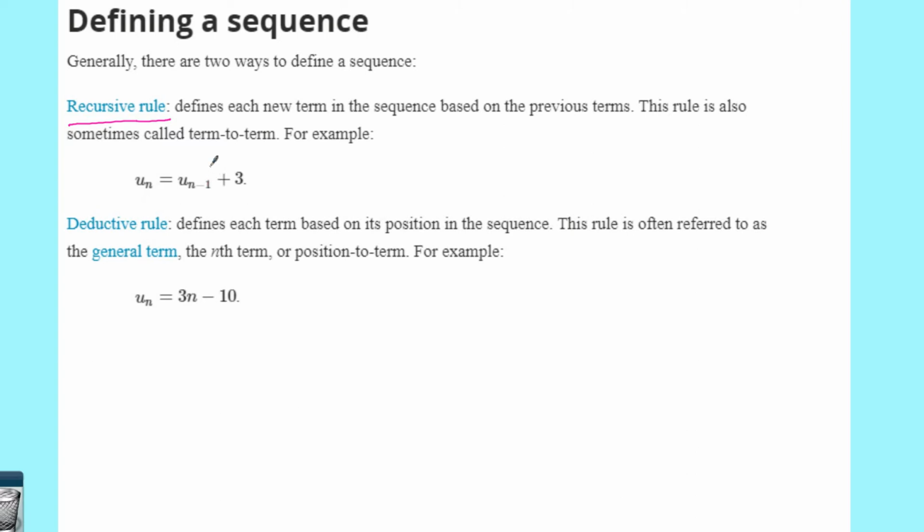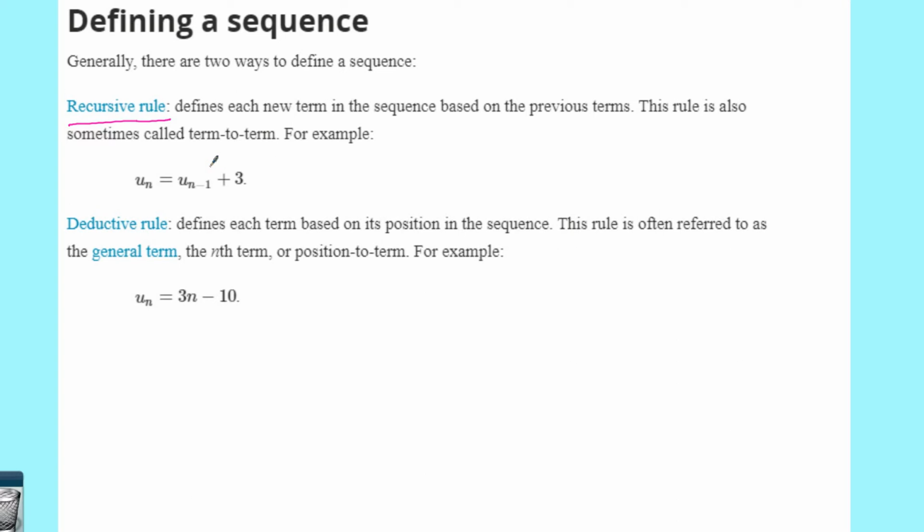So if I wanted to find the 100th term, then I would need the 99th. To get the 99th, I would need the 98th. To get the 98th, I would need the 97th. So you see how this would be a problem if I have a term really far into our list. I don't want to sit there and keep finding terms just to find the 745th term.